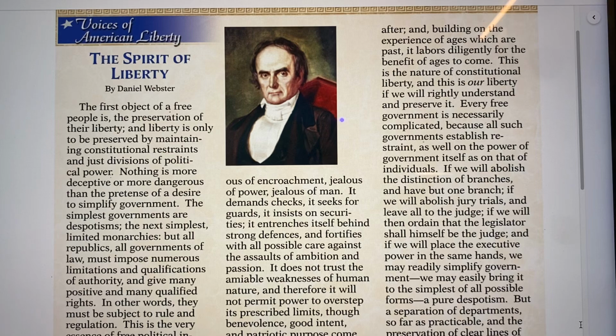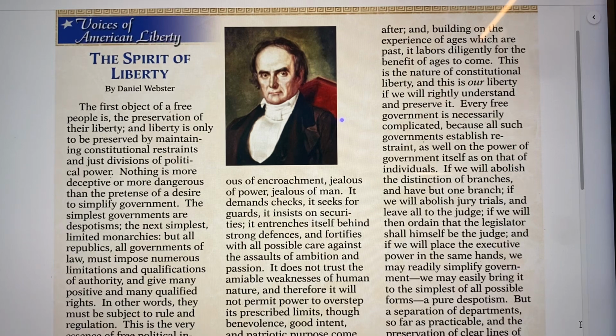We need to be jealous of power, because power comes from the encroachment of men, and we must demand checks and balances and seek our guards and insist on our securities. We need to be entrenched behind strong forces and fortified with all possible care against what? The assaults of ambition and passion.